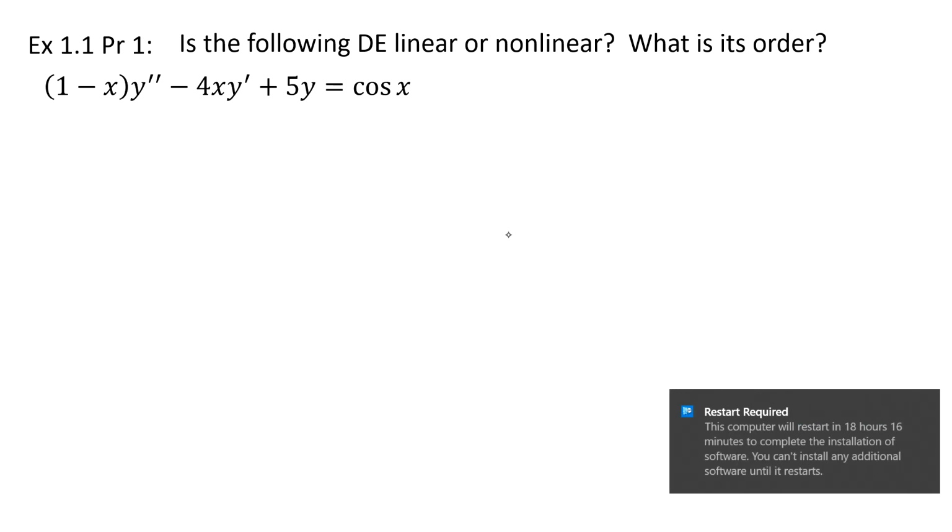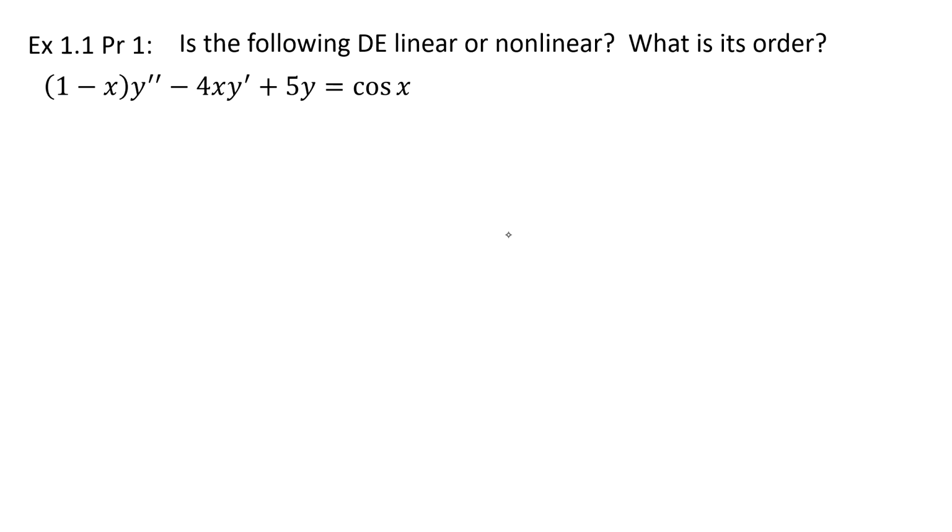Well, the coefficient is negative 4x. Cool. Is negative 4x purely a function of x? Yes, it is. And now, the coefficient of y. Uh-oh. 5. Is 5 purely a function of x? No, man, it's just a constant.